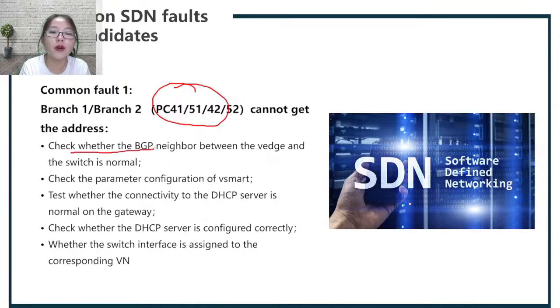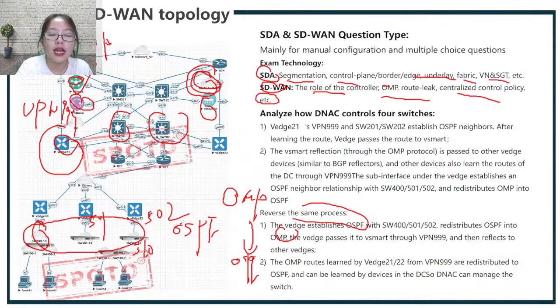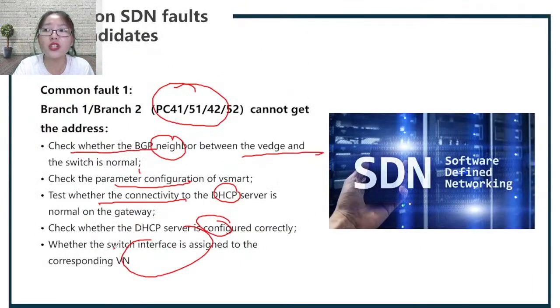First, check whether the BGP neighbors between the VH and the switch are normal. Verify that the gateway is normal, check whether the DHCP service is configured correctly, and lastly check whether the switch interface is assigned to the corresponding VLAN. You can combine this topology and these failures to learn the details.